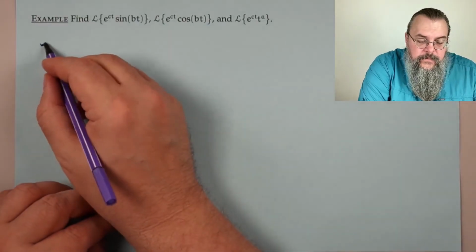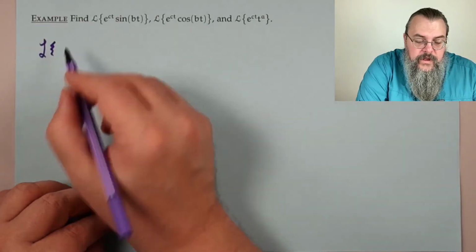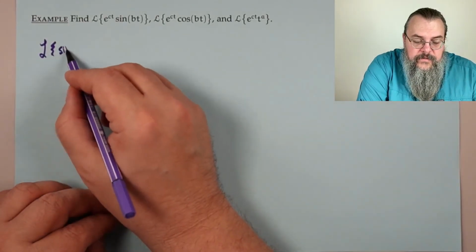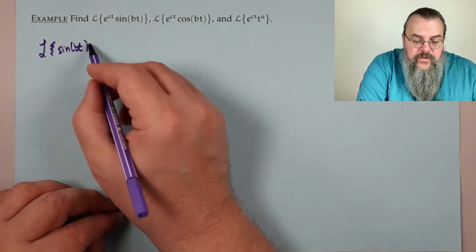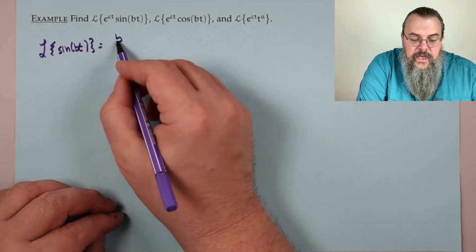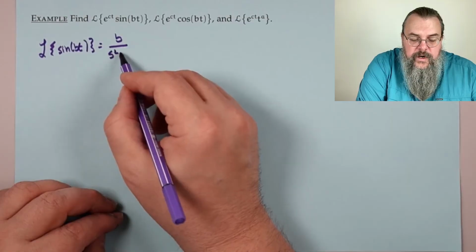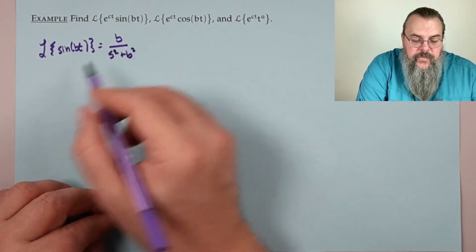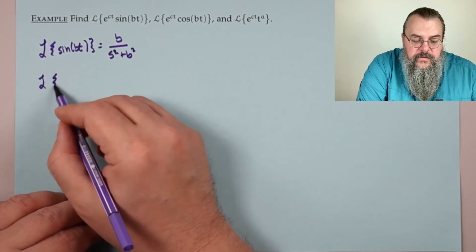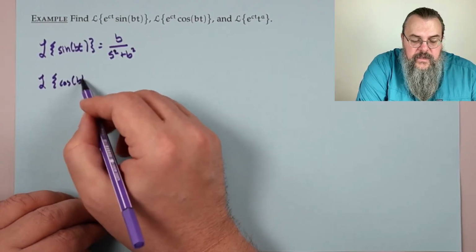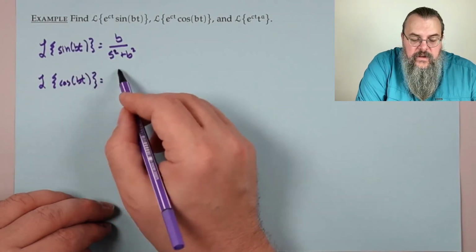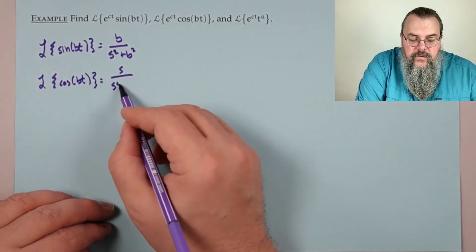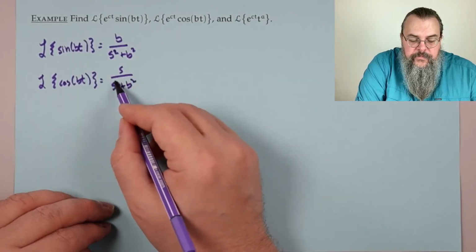We have 3 rules that we can point to, namely the Laplace transform of sine. Well, sine is b over s squared plus b squared. The Laplace transform of cosine, and that's s over s squared plus b squared.